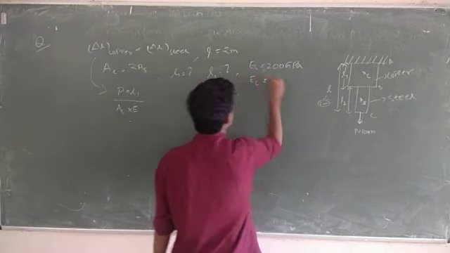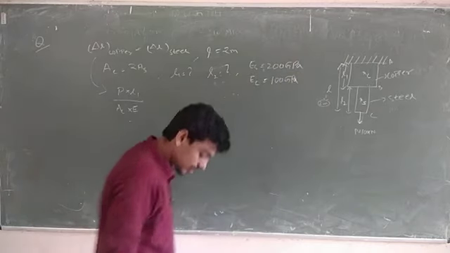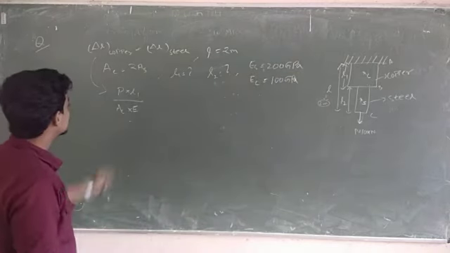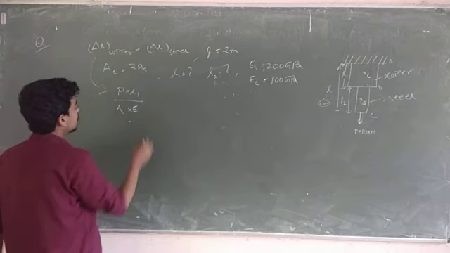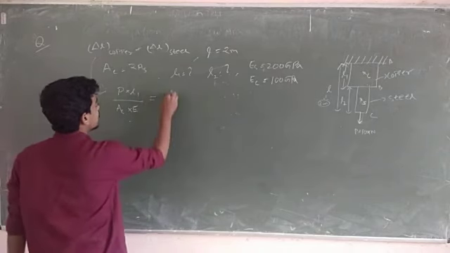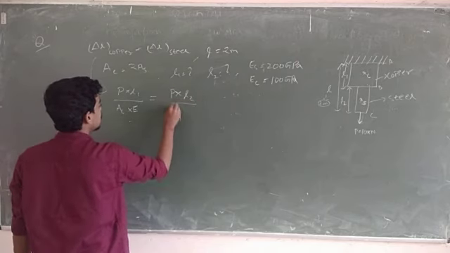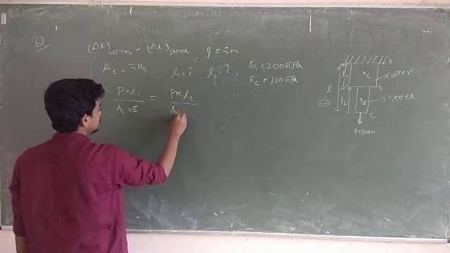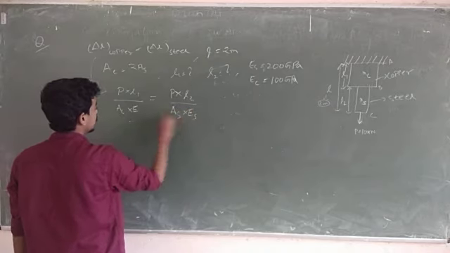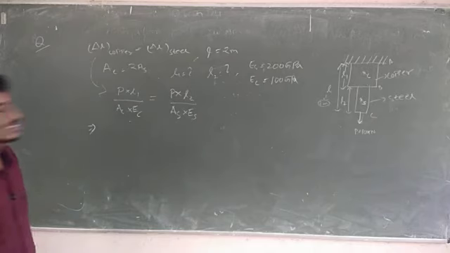For copper it is given 100 gigapascal. So now put just the formula for steel also, that is P, that is same, but here I will put L2, here I put steel, here I put E. So put all the values, then you will get the answer, just simple.